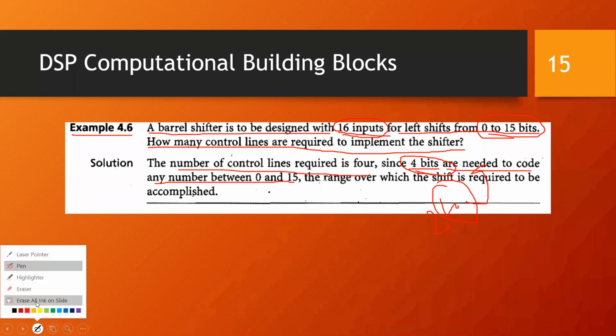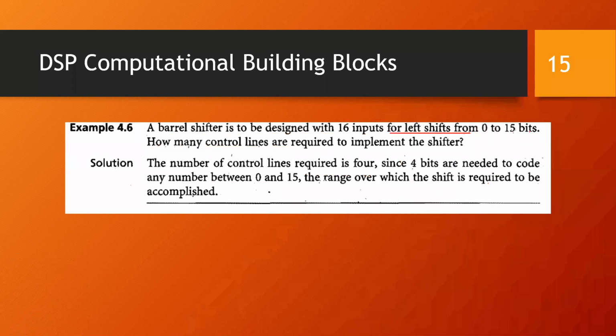So these many control lines are required in order to shift these bits. Out of these 16 inputs which are present, in order to shift this, I require around 4 bits of control lines. Since 4 bits are needed to code any number between 0 and 15, the range over which the shift is required to be accomplished, that is what they are specifying.